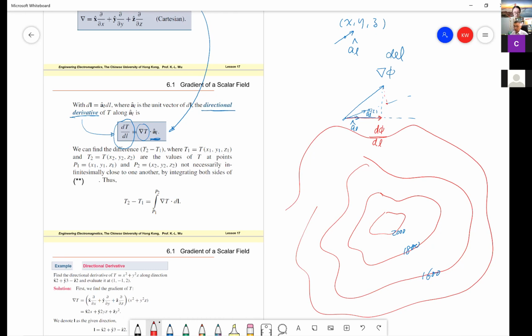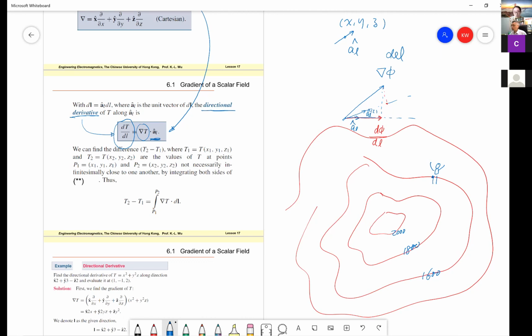Now let's say you stand here and want to climb the hill, and you'd like to decide which direction has the steepest slope. What do you need to do?